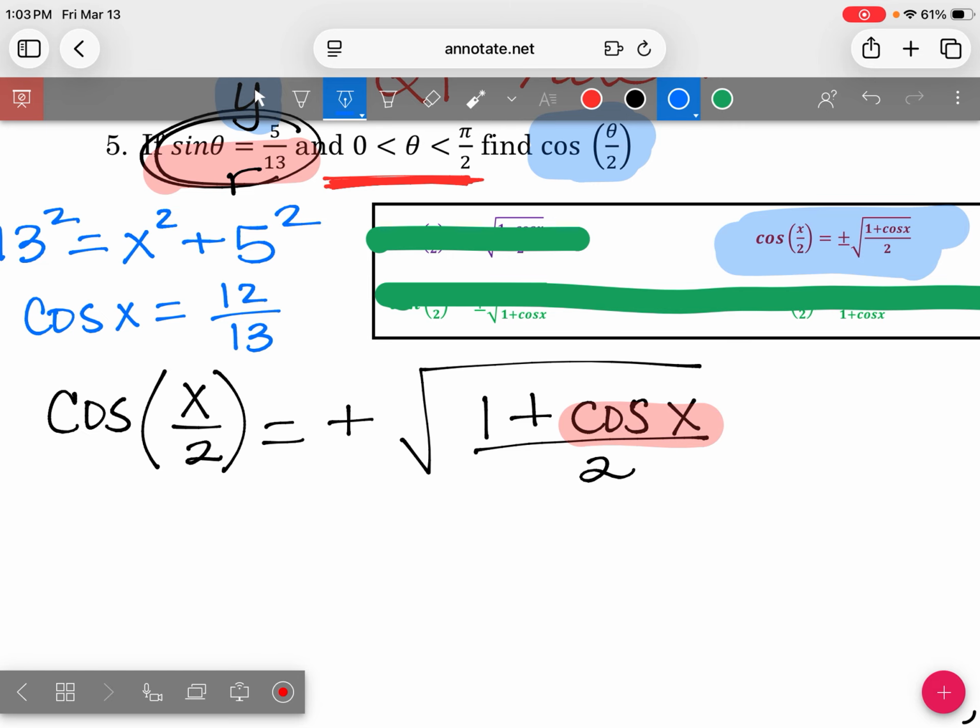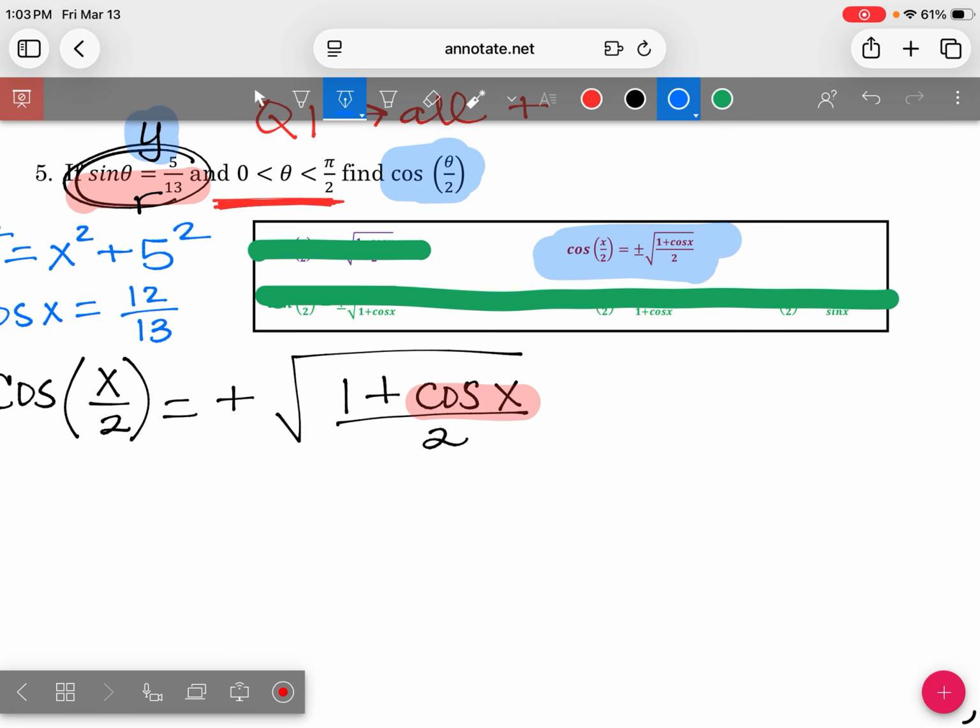So let's go ahead and finish it on out. Okay, so I have 1 plus, and then that is 12 over 13, divided by 2.